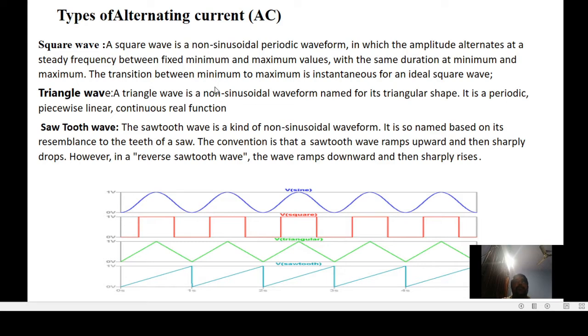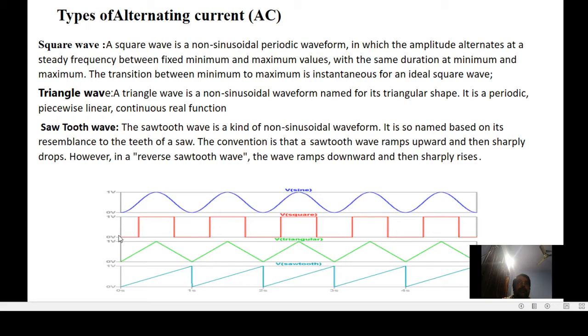Next, we will move on to types of alternating current. In the figure, this is the sinusoidal wave. Here the current and voltage vary periodically with respect to time. And these waves are called non-sinusoidal waves. Here the first one is the square wave.